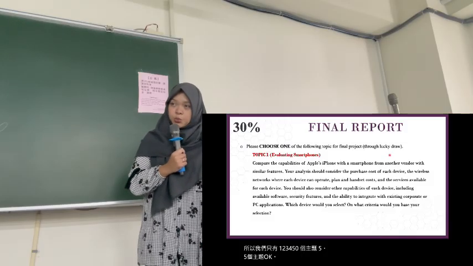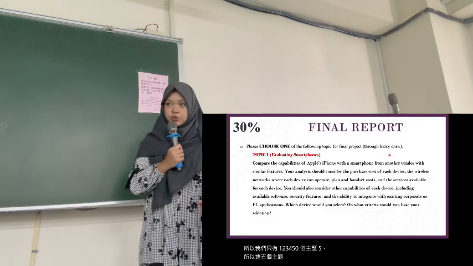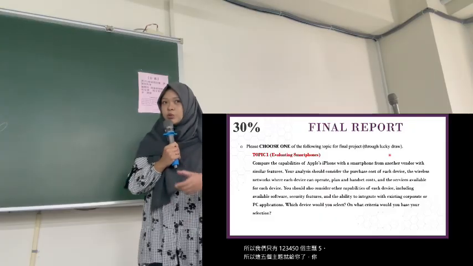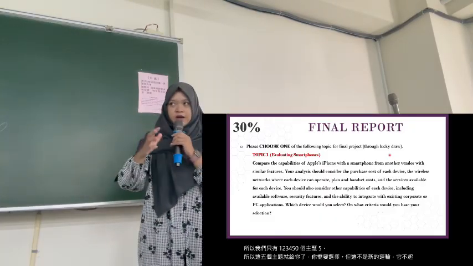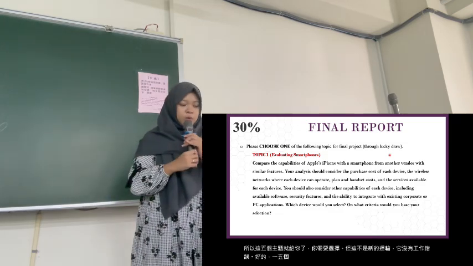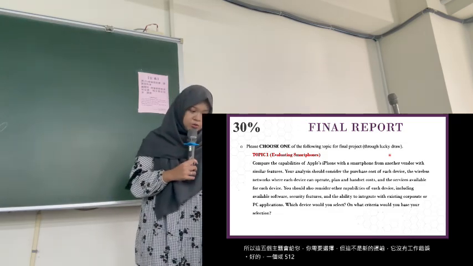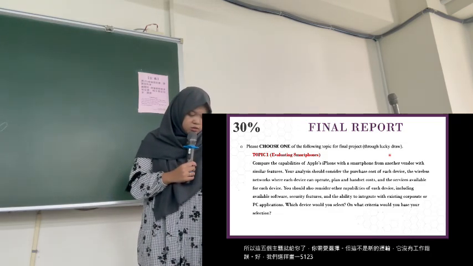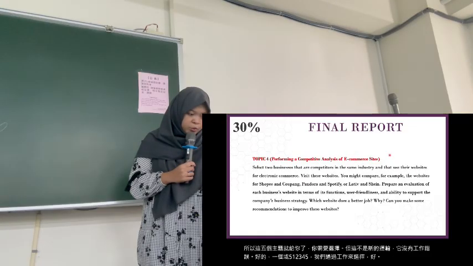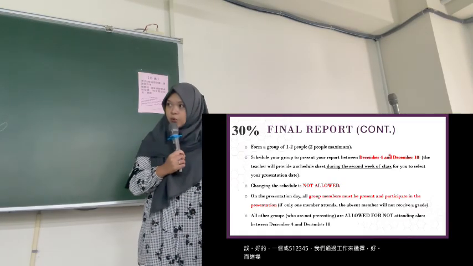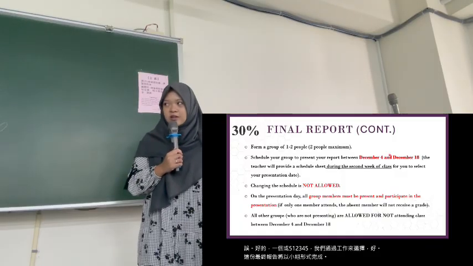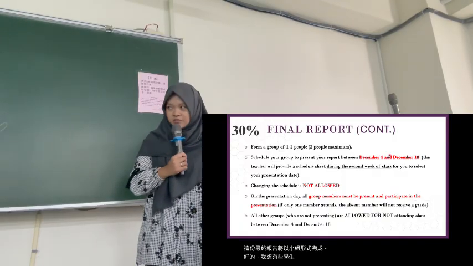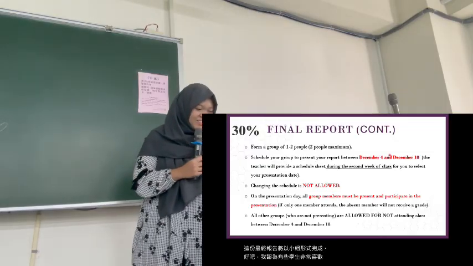These 5 topics will be given to you, but it's not you choosing, it's a lucky draw. We will choose through a lucky draw. And this final report will be done in a group. I think some students like, okay, doing a group is much easier.